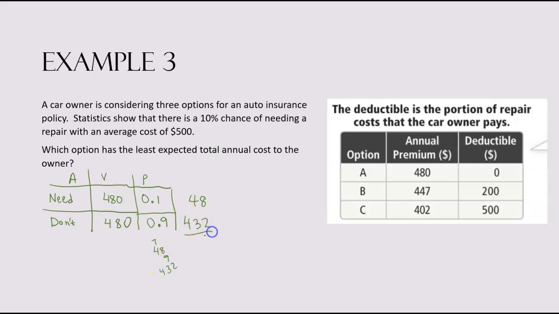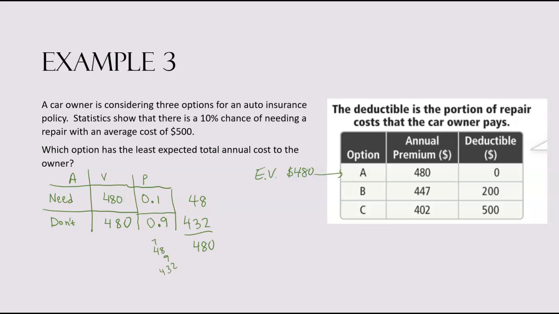Add those together, and guess what you get? You're going to get 480, which really shouldn't be a surprise because 480 is going to be the cost no matter what happens. So for option A, our expected value, whether we need a repair or not, is going to be $480.